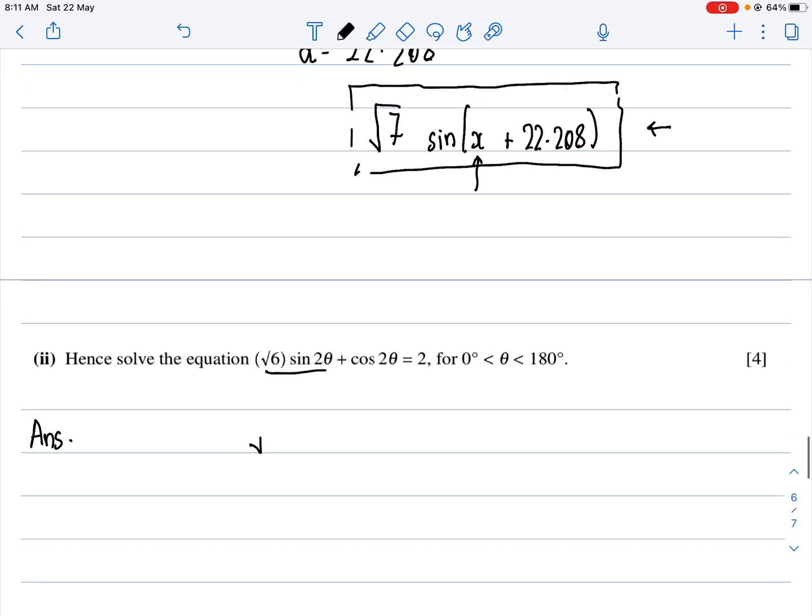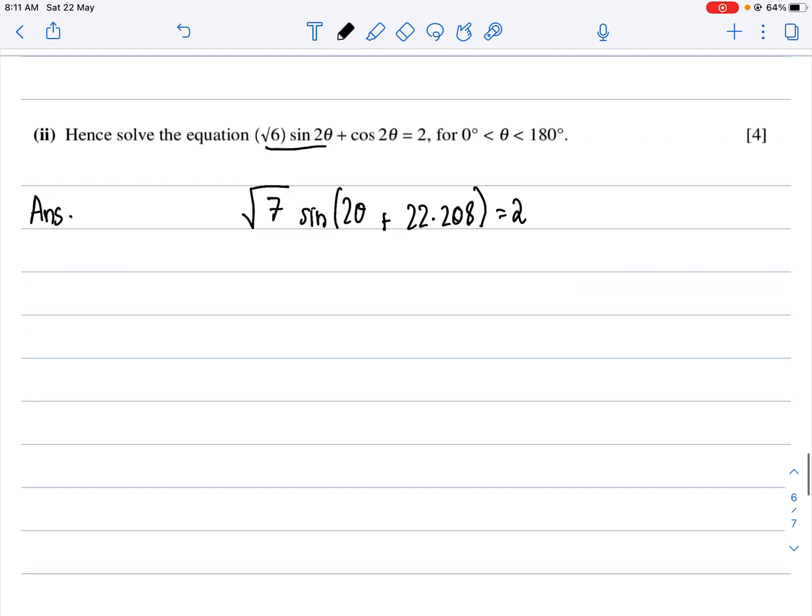So I can write this as root 7 sine (2 theta plus 22.208) equals 2. Now I can write this as sine (2 theta plus 22.208) equals 2 over root 7.